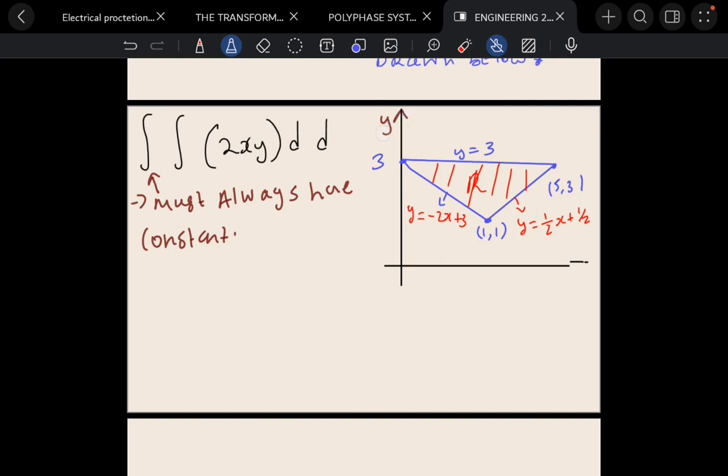That is the y, that is the x, right? Because the last integral must always have constants, it means that this one must have constants or it must have functions. It does not matter, but the rule is that the last integral must always have constants.